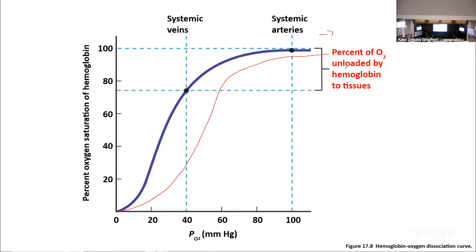Okay, so what this shows us is that as we start out with really low saturation of hemoglobin at the very beginning, if we had a partial pressure of 0, it's a little bit harder to put oxygen onto that hemoglobin. So we describe this as a lower affinity of oxygen for hemoglobin, or vice versa. Affinity being how much they like each other, how much they stick to each other. So lower is less.